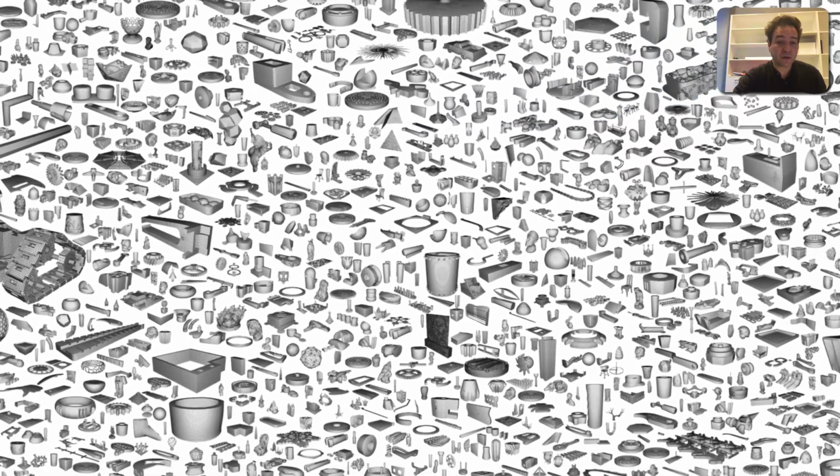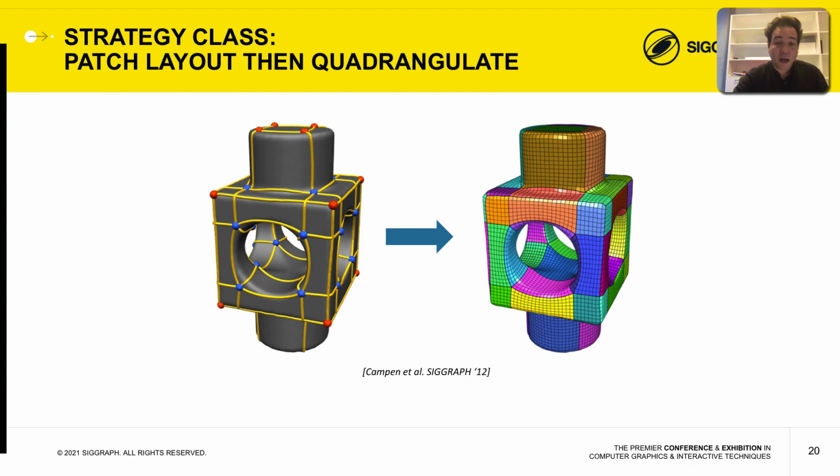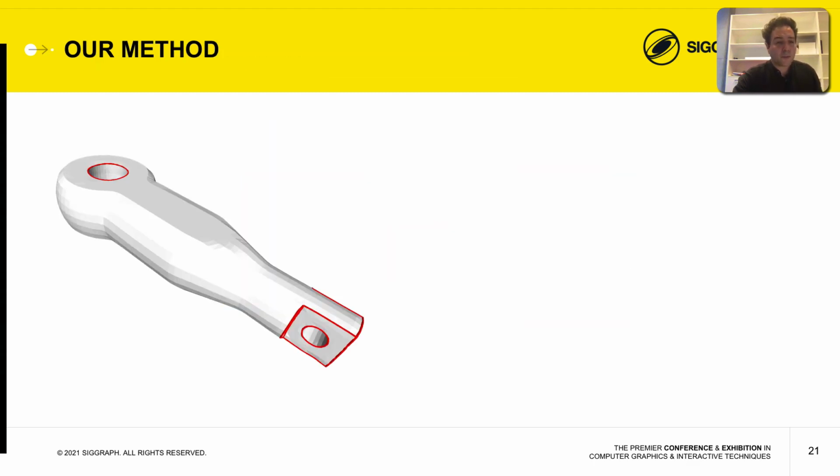Here we show an overview of all the models we were able to tessellate. Our method belongs to the class of methods that first subdivide the mesh into patches and then quadrangulate each patch individually, like the method proposed by Marcel Campen and colleagues in SIGGRAPH 2012. So, let's overview our pipeline.